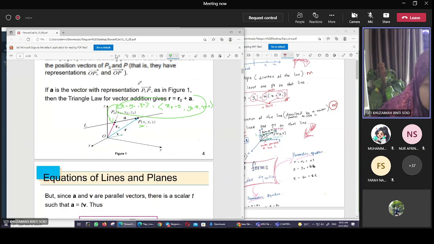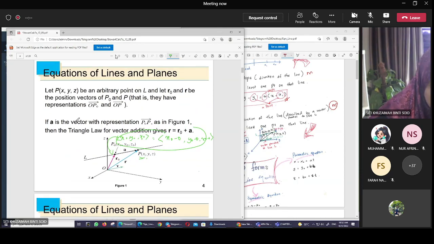Let's read line by line. If a is the vector with representation P0P, as in figure 1, then the triangle law for vector addition gives R equals R0 plus a.